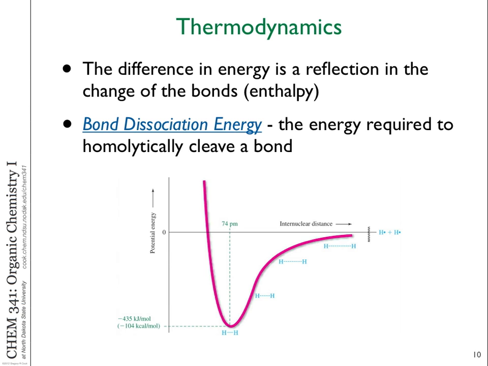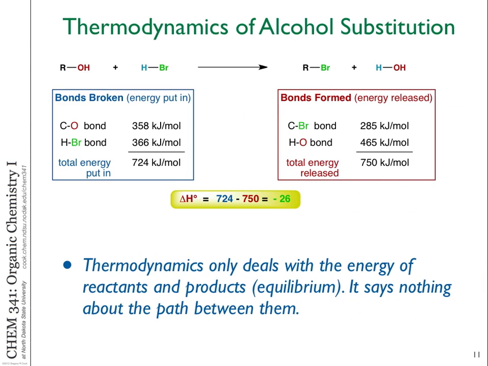Okay? So let's take a look at this particular reaction we're talking about. Substitution of an OH group on a carbon for, in this case, the bromine. And notice what's happening in this process. We are breaking a C-O bond, and we're breaking an H-Br bond. So on the left side of the reaction, those bonds are being broken.